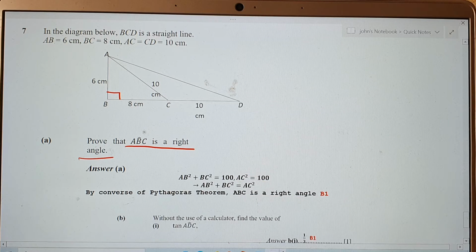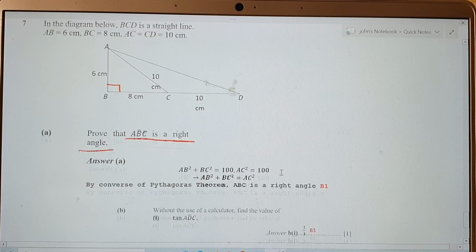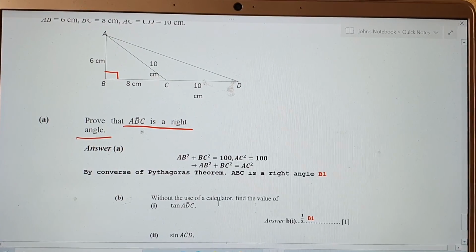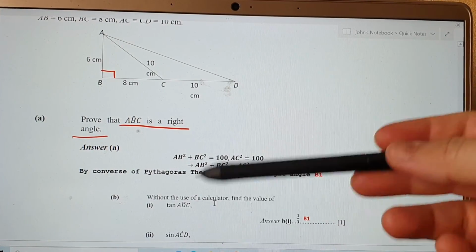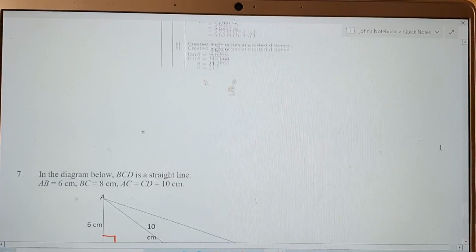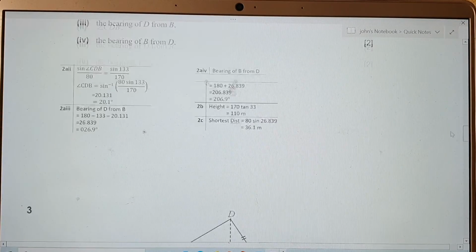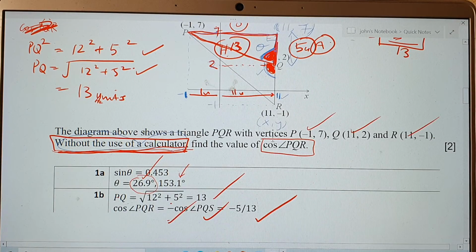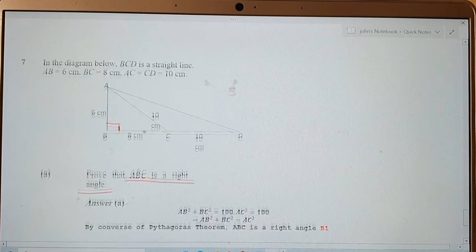So let's see what they want us to do for part B. Tangent ADC. This kind of question is the same as just now, your number 1. It's the same as this kind of question. Now we go back to number 7.